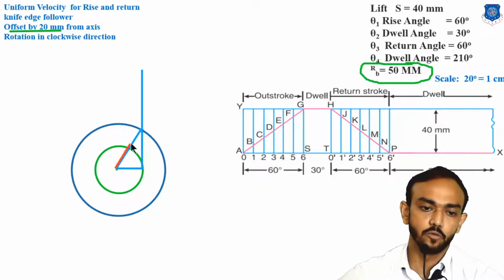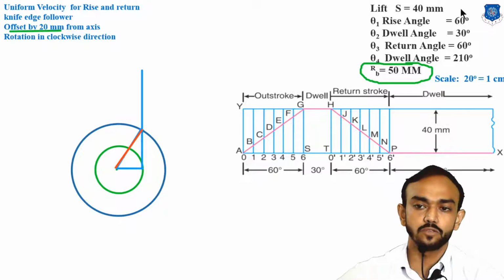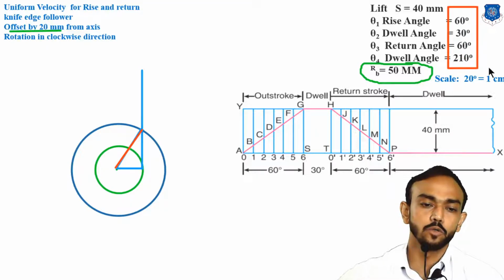Remember that this is a very important line because it is a reference line, and with respect to this line we are going to divide this circle into 4 parts. Which 4 parts? We already know: 60, 30, 60, 210.